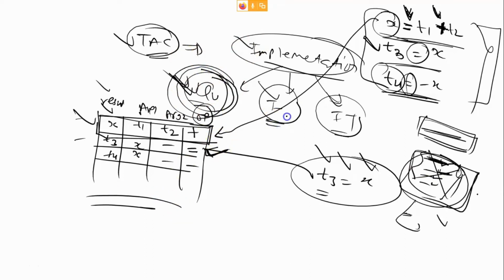Now what is a triple? A triple is similar to a quadruple, but in a quadruple there is one redundant thing, and that is the result. Let me tell you why. When you have a statement like x equal to t1 plus t2, you already know that this is a three-address code instruction.